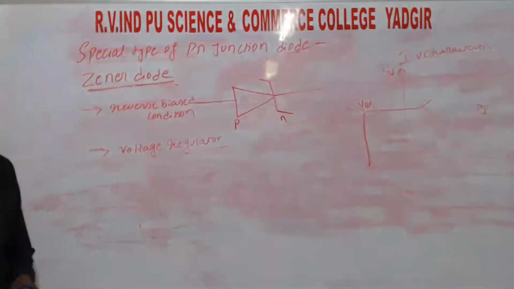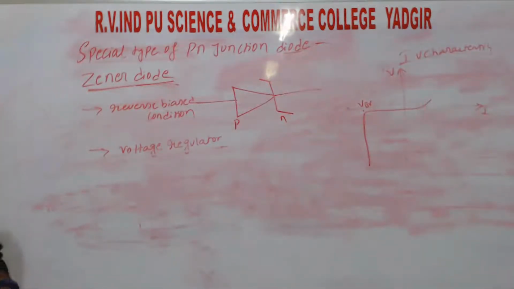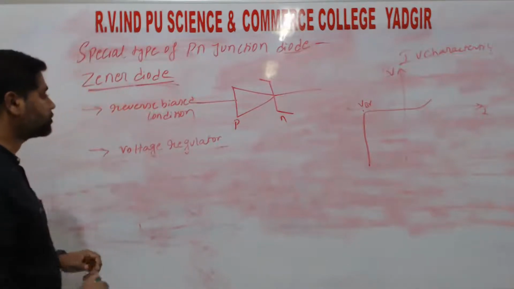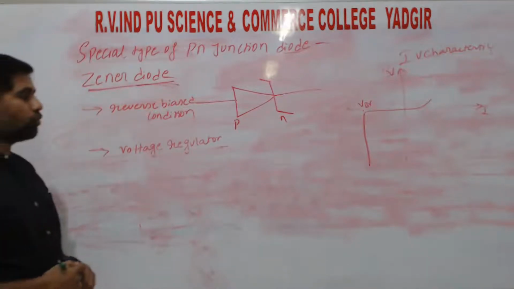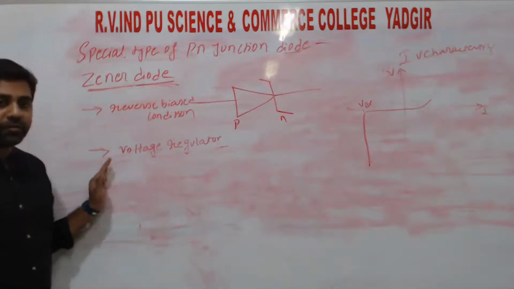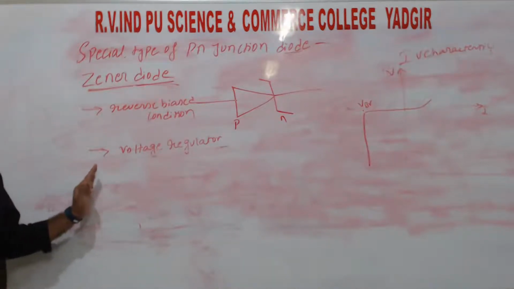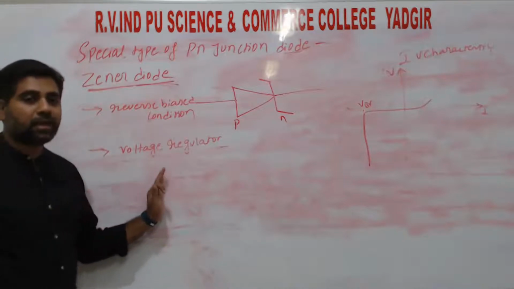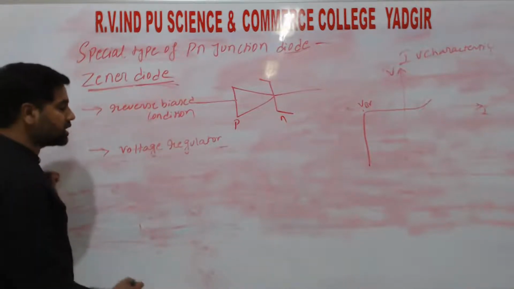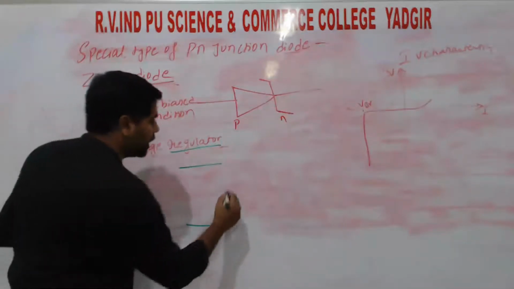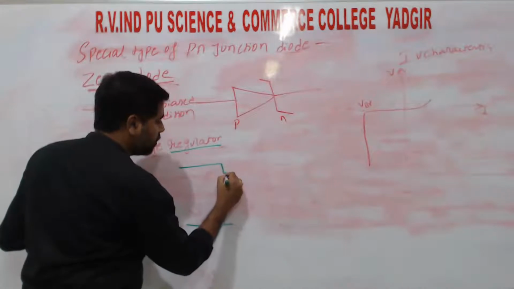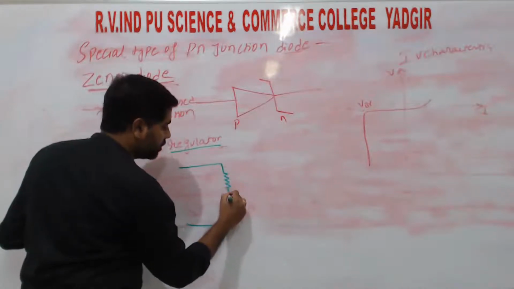Right. So how does the voltage regulator work? The output voltage we get from the rectifier, which we discussed previously, is connected to the Zener diode, along in series with the diode.